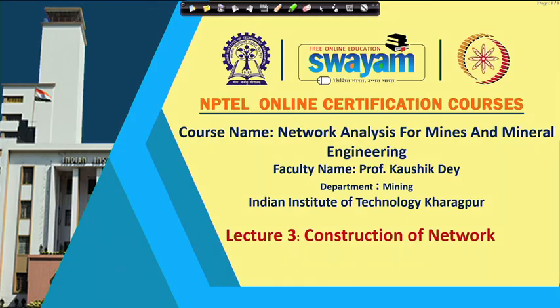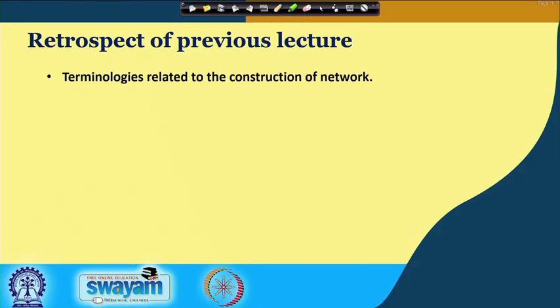Let me welcome you to the third lecture of the SWAYAM NPTEL online certification course on Network Analysis for Mines and Mineral Engineering. In the last lecture, we discussed the terminology related to the construction of a network.